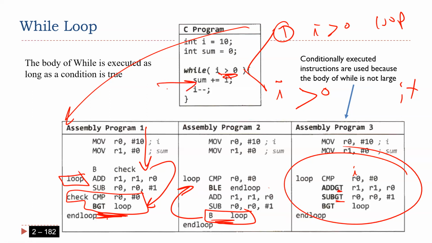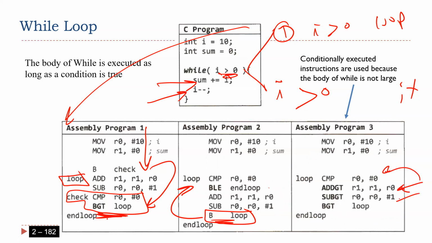If I is greater than 0, you have to do this subtraction and then come back to check again. Anyway, maybe this is a little bit difficult, but it's totally fine. This one is going to use the flag of this one. This one also is going to use the flag of this one. Okay, guys, any questions?